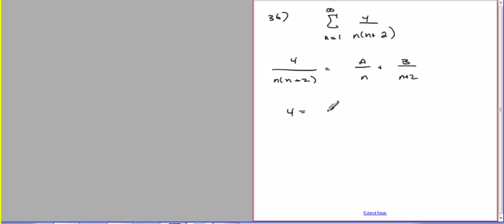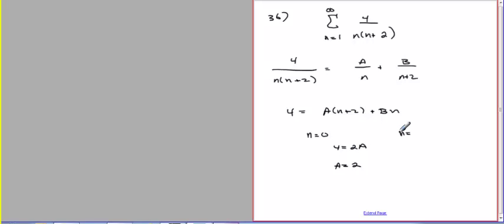So we cross multiply and we'll get A times n plus 2 plus B times n. Now we can choose n. If we choose n equals 0, we get 4 equals 2A, so A is equal to 2.